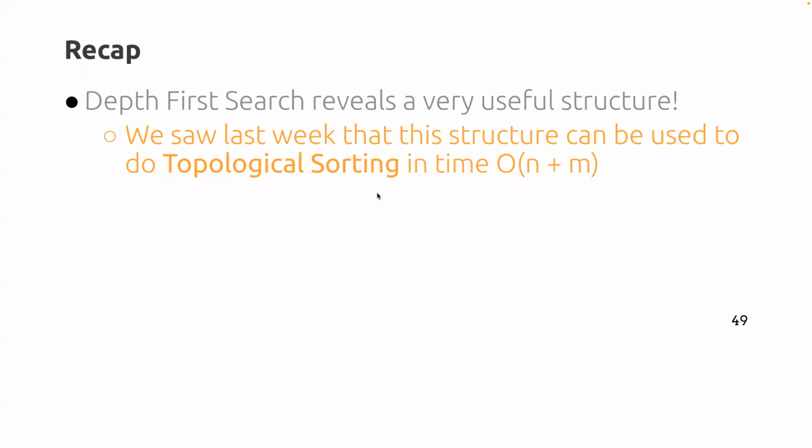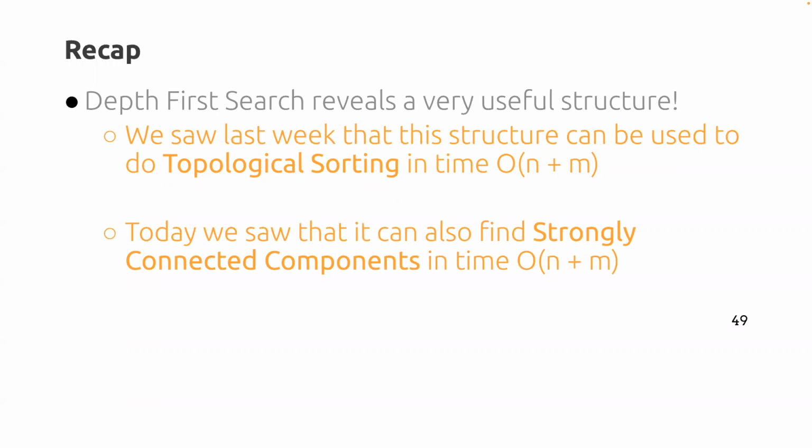Cool, so to recap, if we run depth first search, it can reveal very useful structures, okay? Last week, we used depth first search to topologically sort directed acyclic graphs, okay? In linear time. Today, we saw that you can also use depth first search to find strongly connected components in linear time. You use it twice, right?